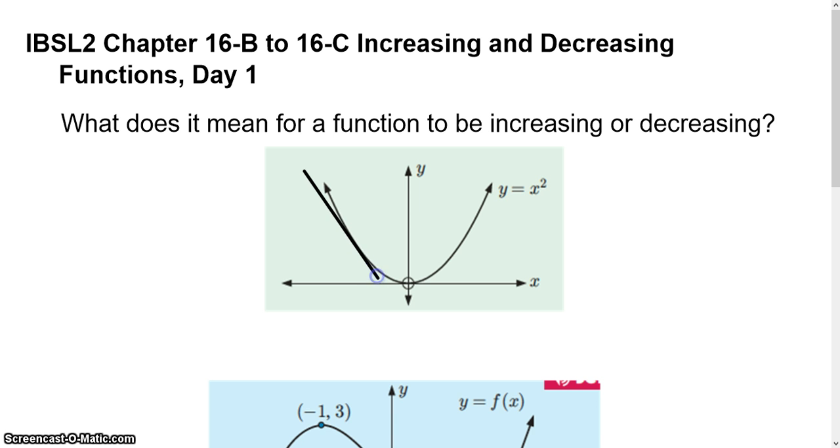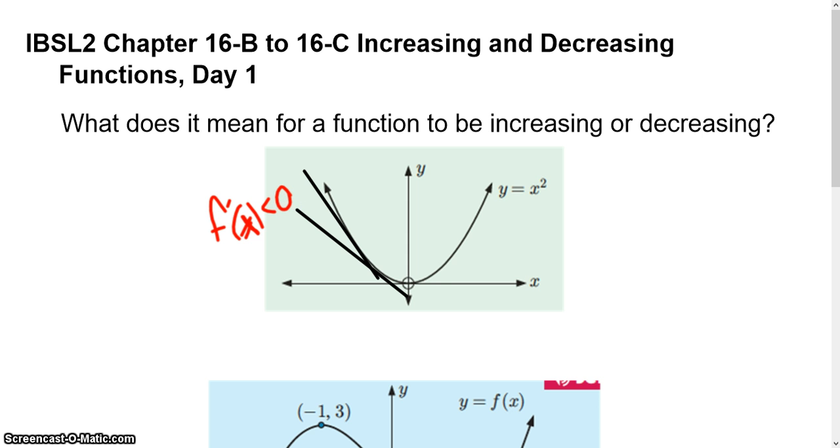As we look at this function here, y equals x squared, along this left-hand side of the origin, you'll notice our tangent lines are all going downhill, which of course means that our derivative, f prime, is negative.